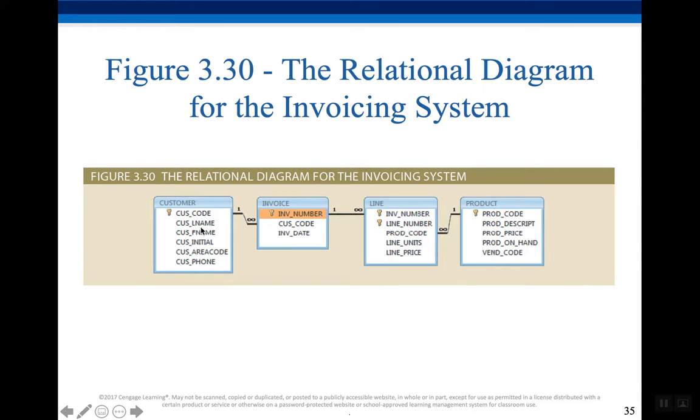So we represent these different one-to-many relationships. One customer could have many invoices. One invoice could only have one customer. An invoice can have many lines, but each line can only be associated with one invoice. You have to think of this as seeing it in two ways.